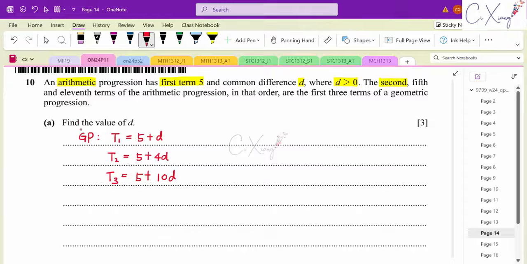Okay, so for a geometric progression, we can use the idea of the common ratio. Common ratio means that your r can be found by using T2 divided by T1 and also T3 divided by T2.